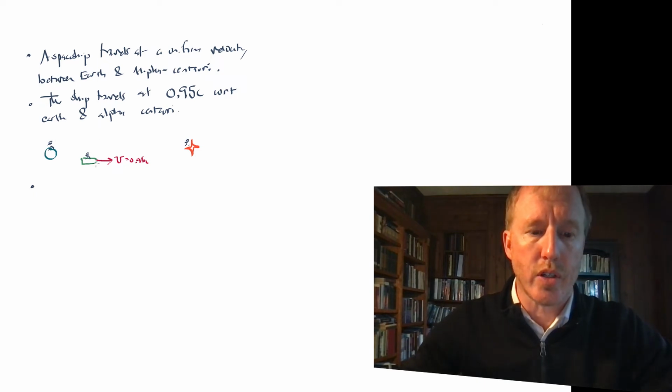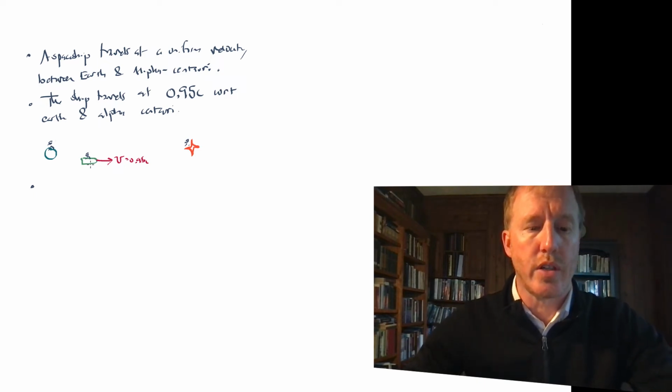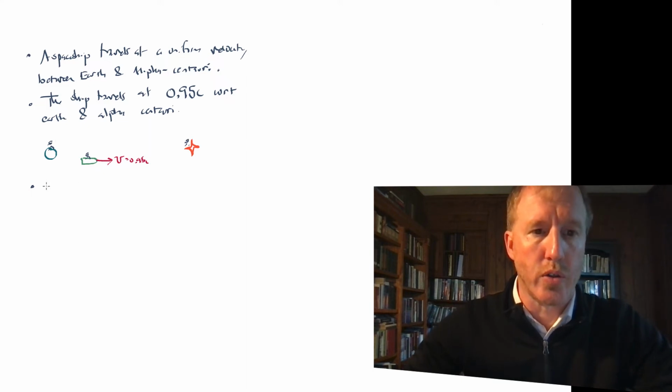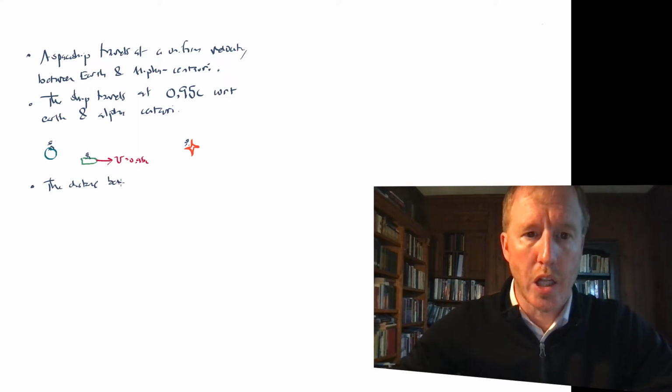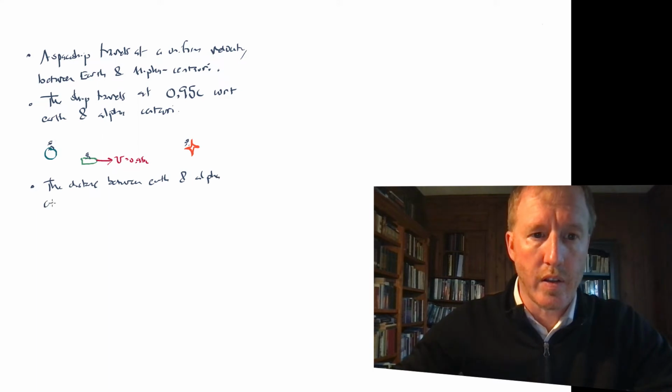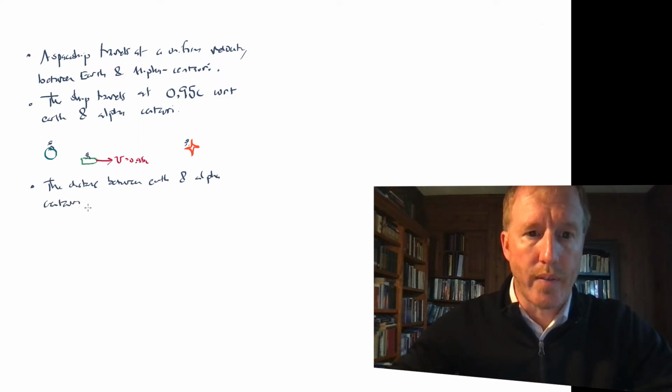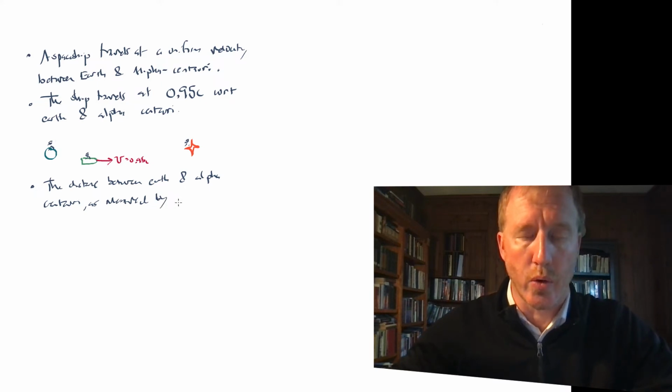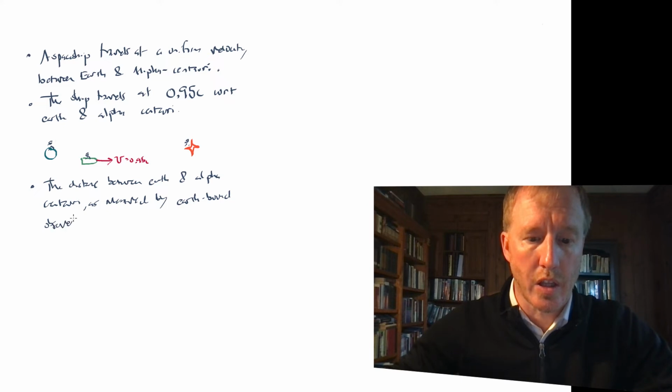Let's talk about, first of all, the distance between Earth and Alpha-Centauri as measured by these observers who are at rest relative to the Earth. So the distance between Earth and Alpha-Centauri as measured by the Earth observer, or Earth-bound observer, is 4.3 light years.